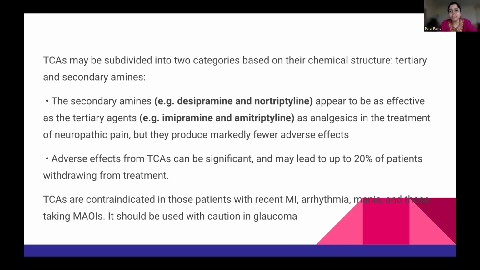Whenever we are starting treatment with drugs like antidepressants, we have to counsel the patient beforehand that it is going to take a few days, and that they are going to face a few side effects. Because of the side effects, patients often stop taking the treatment altogether within a week.